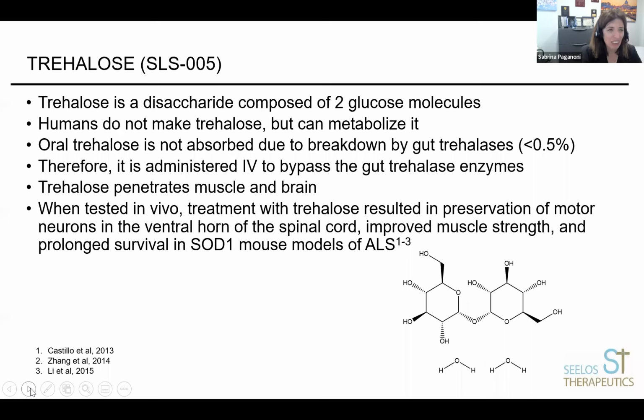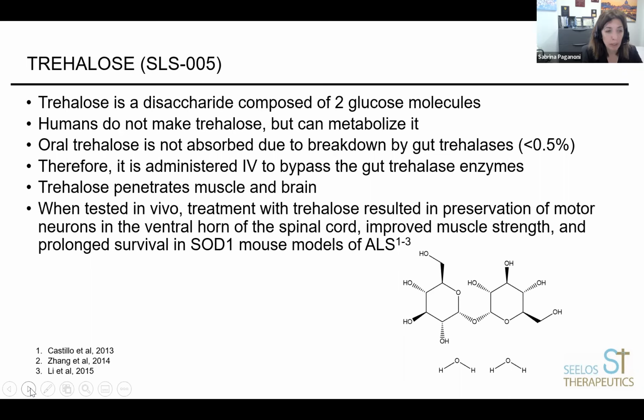So Trialose is one of the drugs that is being tested in the Healey ALS platform trial. We mentioned that earlier. It's developed by Seelos Therapeutics. It's a disaccharide that is administered IV. It's been shown to penetrate muscle and brain. And when tested in vivo, it had positive outcomes in the SOD1 mouse model of ALS.